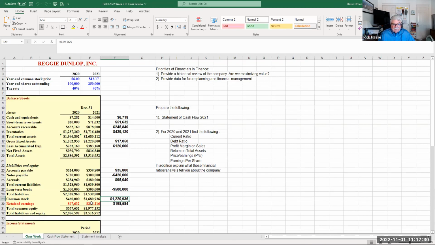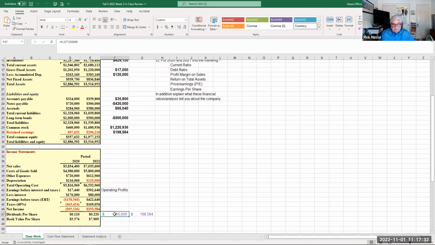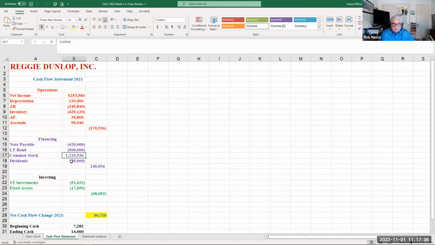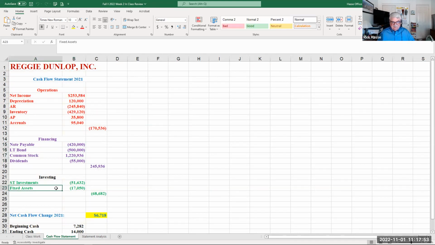And if we pay out a dividend of $55,000 to our investor, that's financing going out to our investors, negative cash flow. So we're paying off debt here and we're receiving additional capital or cash from the issuance of more stock, financial cash flow. And then we have the investing section where we invest in assets or sell off assets.